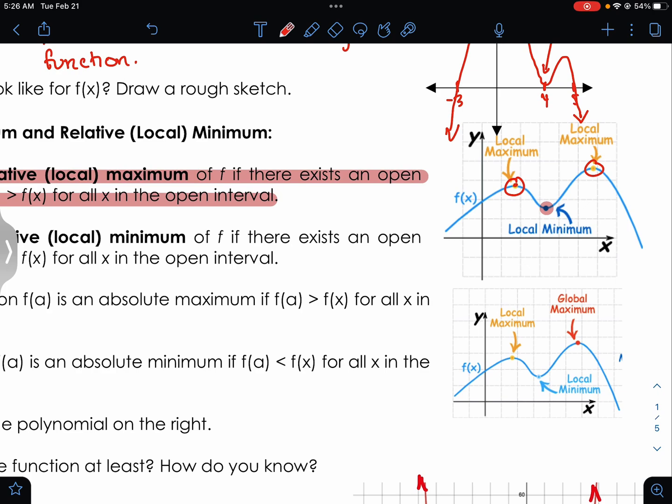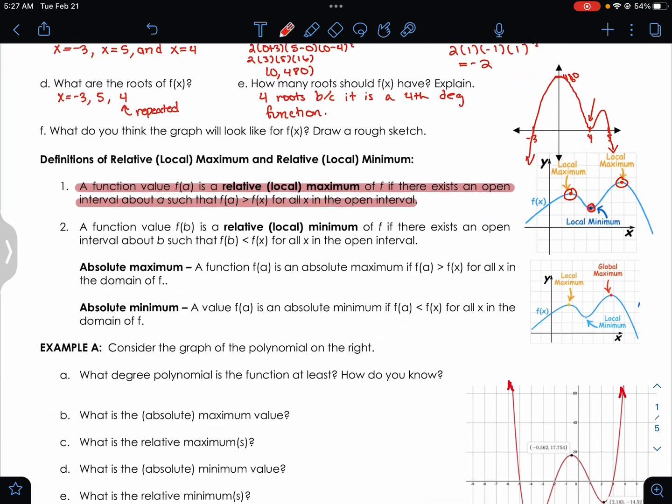So they're at the top of a hill, okay? And then you also have, and think of the local minimum as being in a valley. It's going to be at the bottom of a hill. So again, you have local maximums and minimums, and those are going to be points where the y value is higher or lower than the points directly around it.